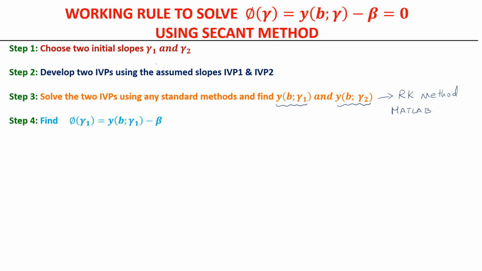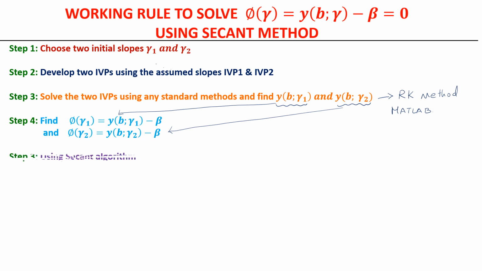Then I calculate the value of phi of gamma 1. What is phi of gamma 1? It's the value that we have found here first, minus beta, and similarly phi of gamma 2 is the value that you have found, minus beta. That gives me the error. Let's check whether they are very close and within the permissible limit.